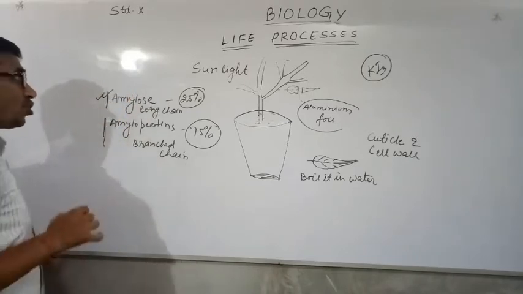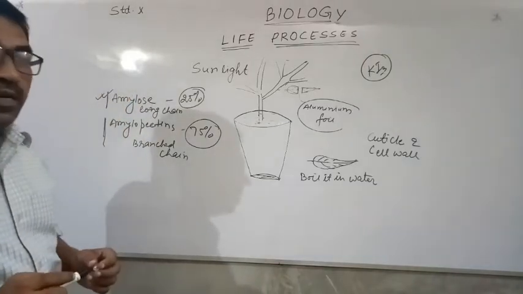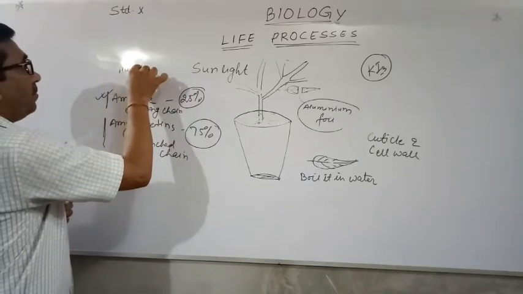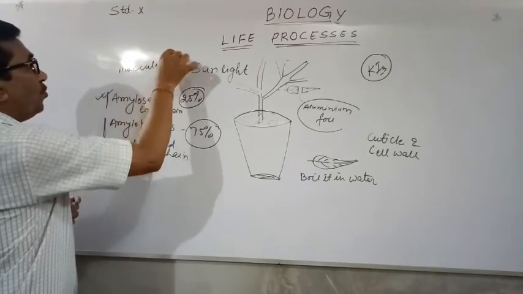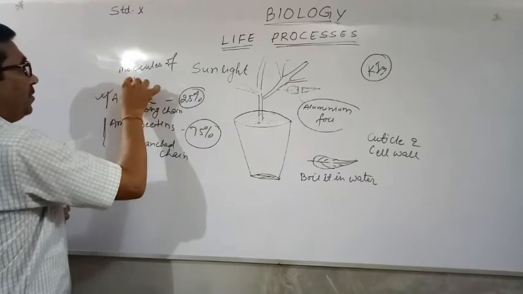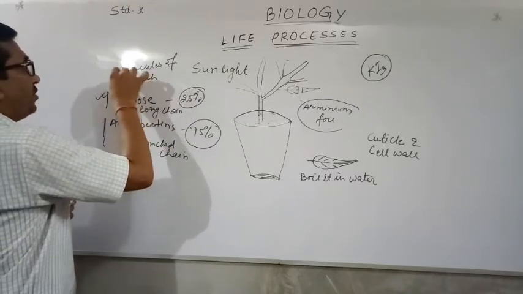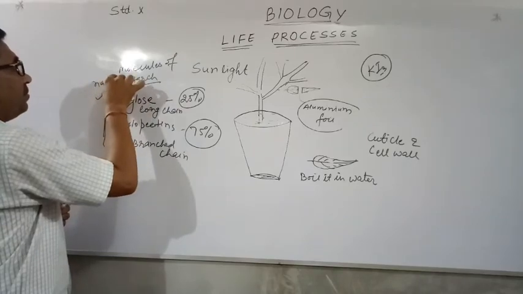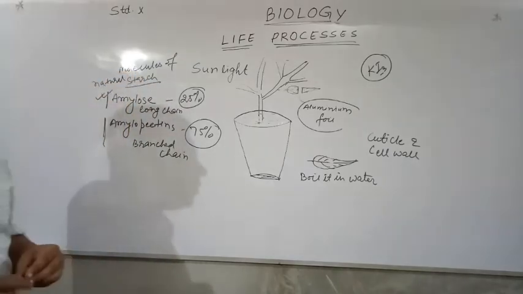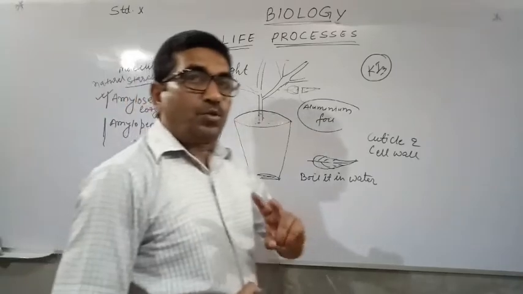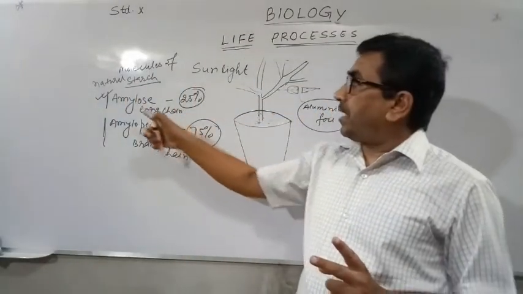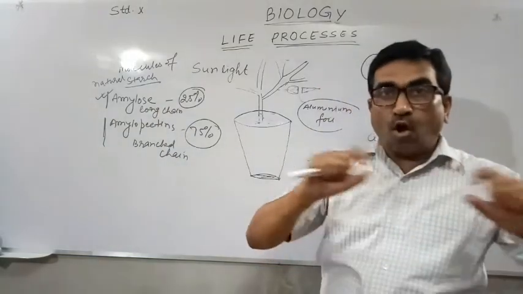Only the presence of amylose, that is the molecules of natural starch that is found in the plant. The two types of starch that is found, one is the amylose, which is of long chain.